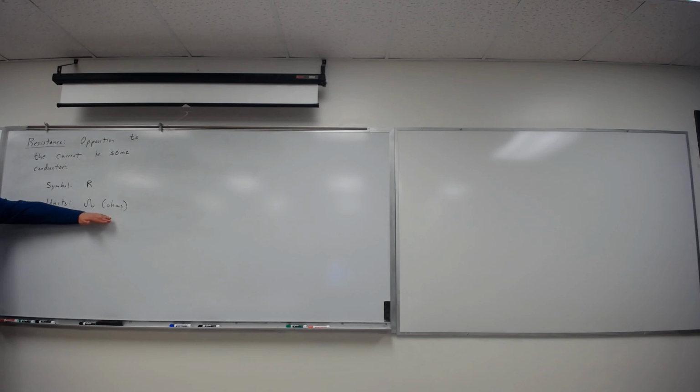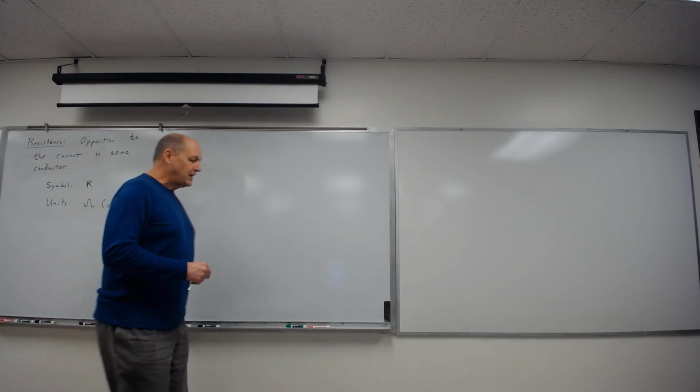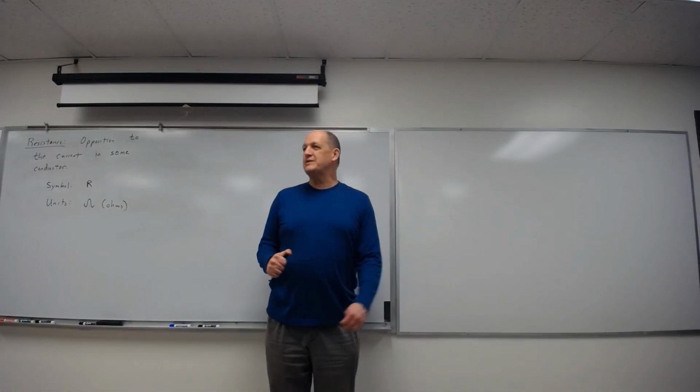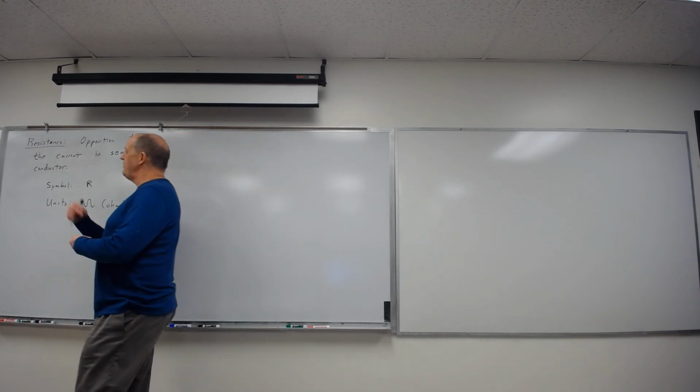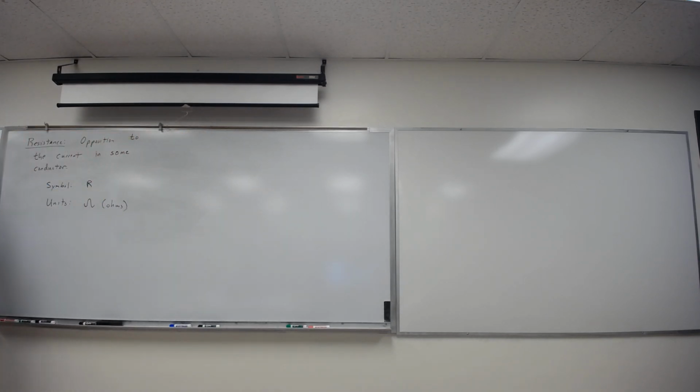So we just go with the Greek symbol. If you need to type it, it shows up in the special symbols inside Microsoft Word and such. Ohms is how much resistance an object has to the flow of current through that object.